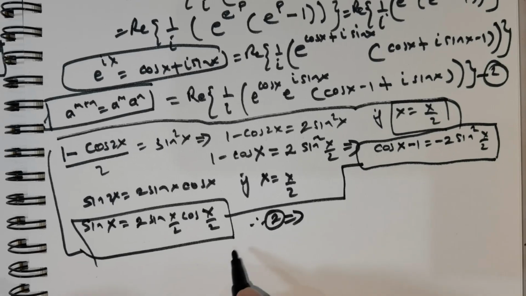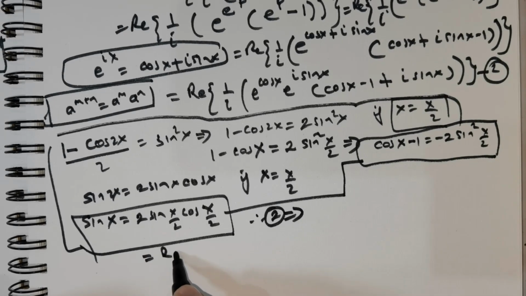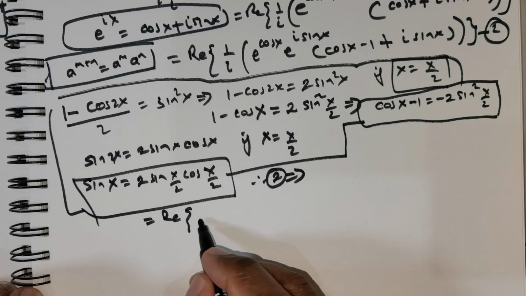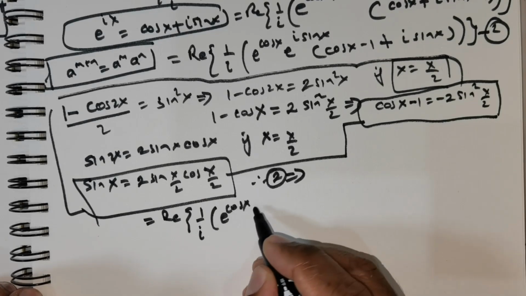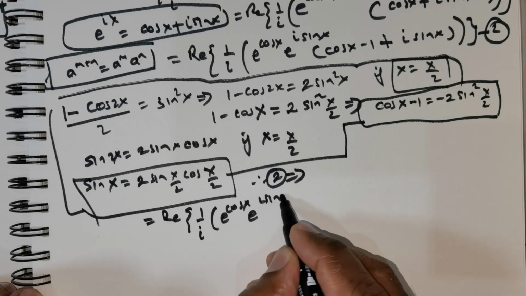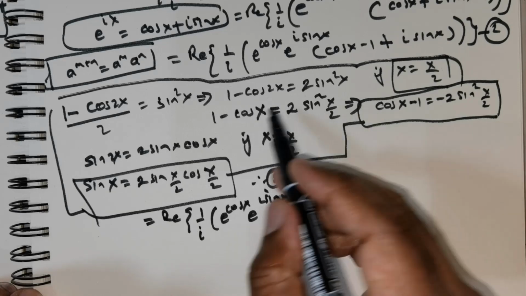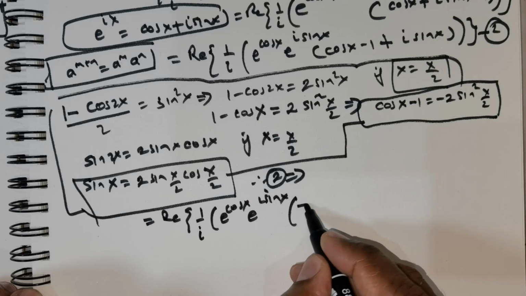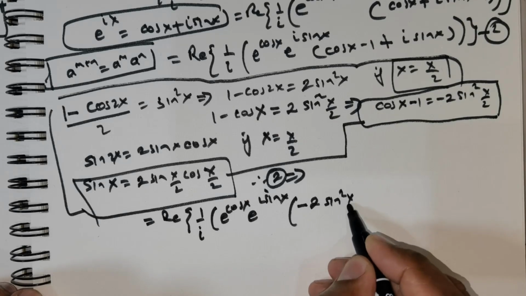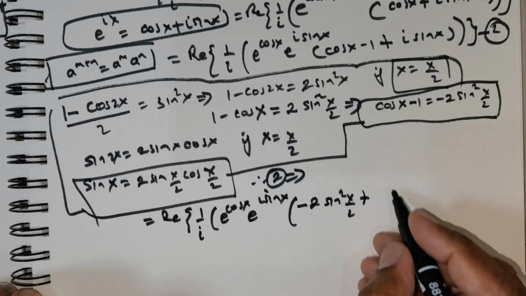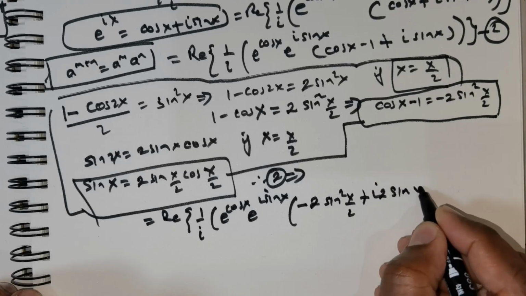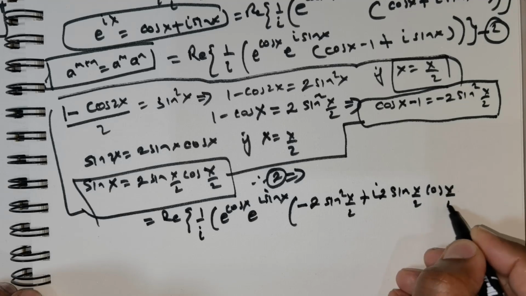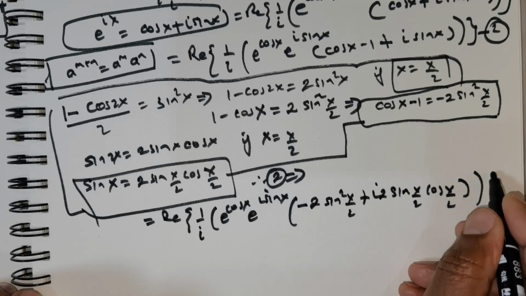Therefore, 2 can now be rewritten as: this is equal to real part of 1 over i times e raised to the power of cos x times e raised to the power of i times sin x. In place of cos x negative 1, this is going to be negative 2 times sin squared x over 2. In place of sin x, i is there, so just place that 2 times sin x over 2 times cos x over 2, right?